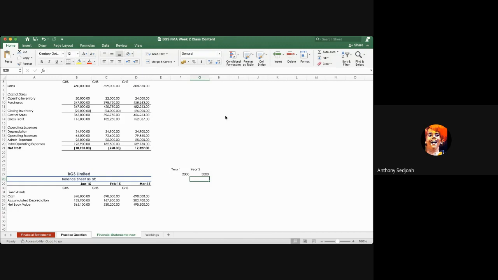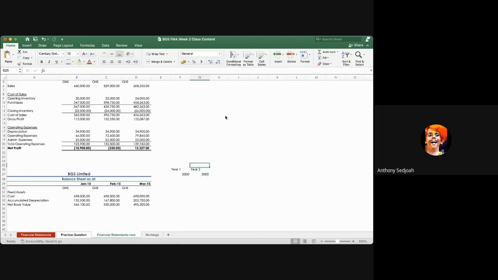That's for 2021 alone. Then in 2022, it has depreciated further by another 3,000 cedis. So that's at the end of 2022. How much depreciation in total has the asset seen from 2021 to 2022? 5,000. Exactly, it's 5,000. So that 5,000 is the accumulated depreciation.